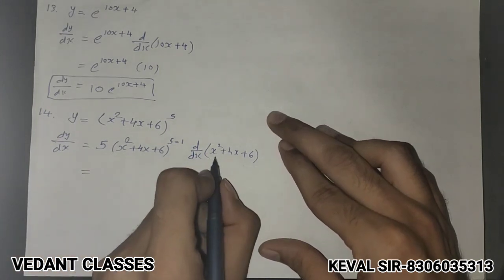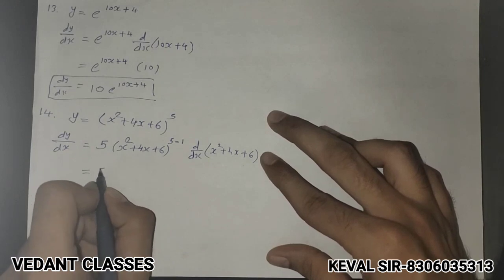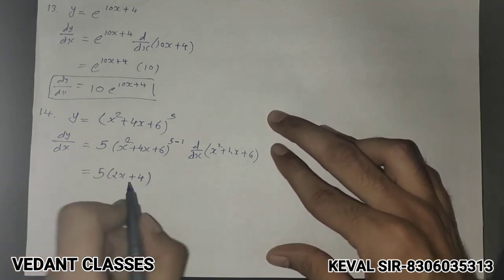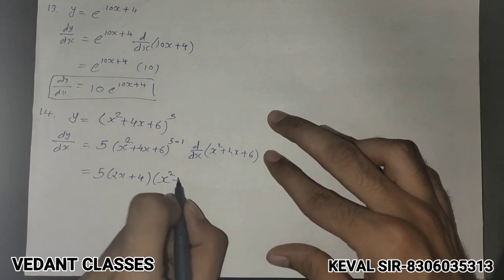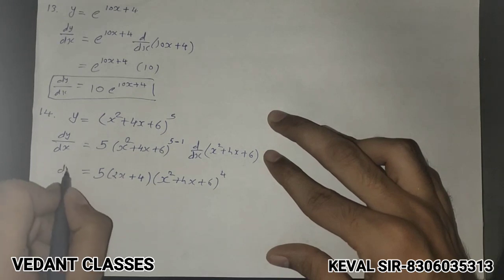So the derivative for this will be 2x plus 4. So 5 in bracket 2x plus 4 into x square plus 4x plus 6 raised to 4. So this will be the answer.